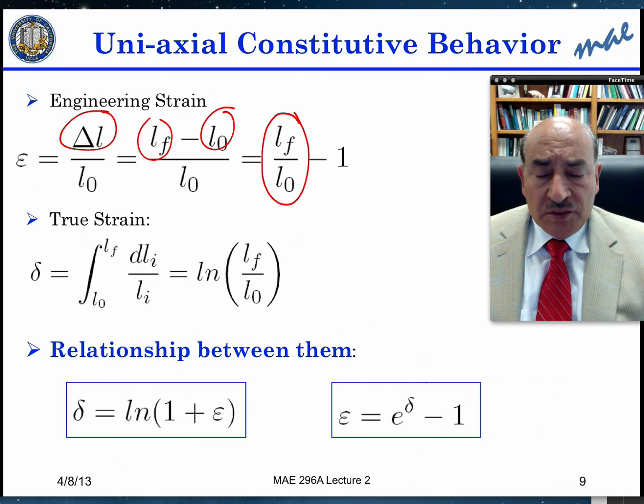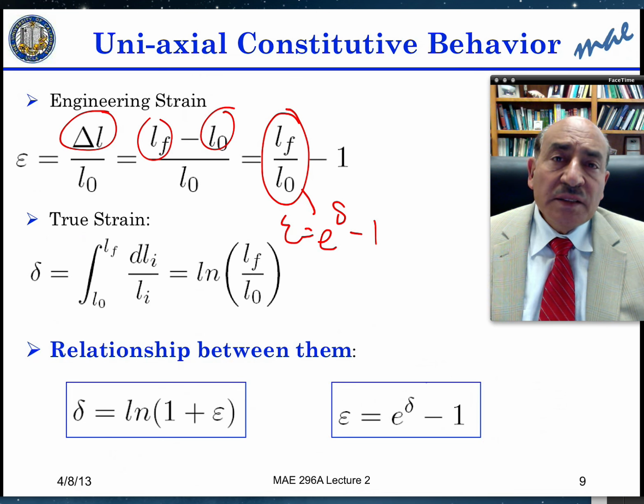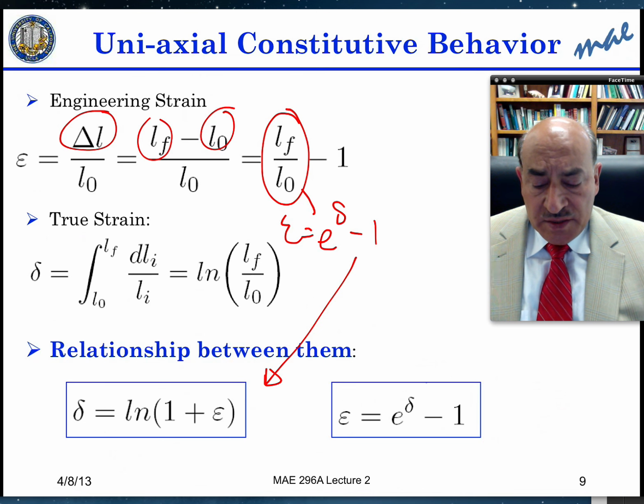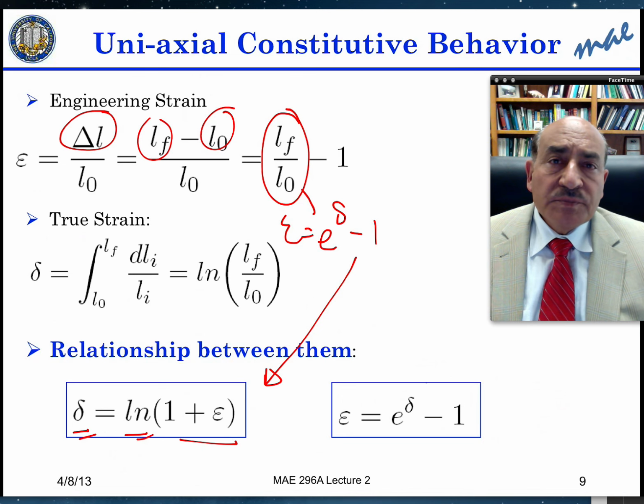So we have L final over L0 minus 1, and we know now L final over L0 is e to the delta. So we have now epsilon is equal to e to the power delta minus 1. And we can reverse this relationship and write it as delta is equal to ln of 1 plus epsilon.